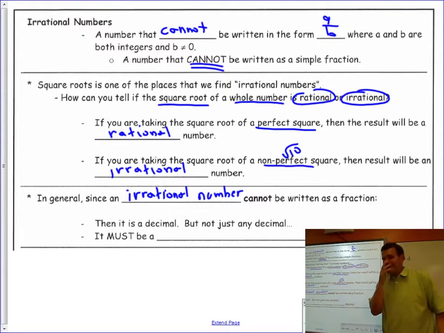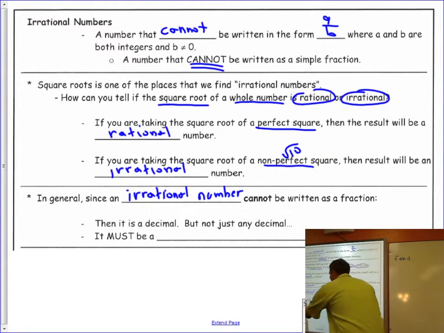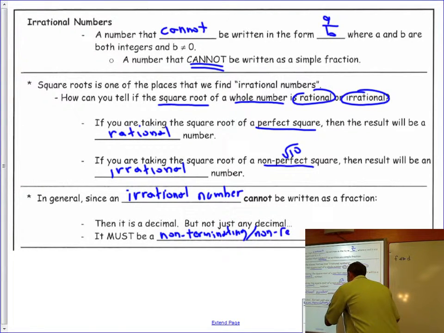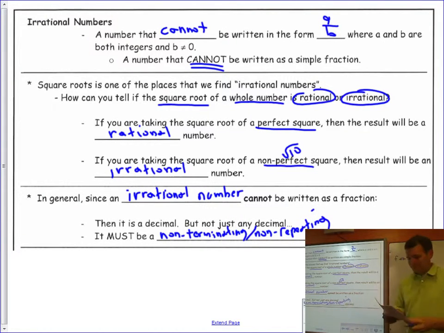But not just any decimal, right? Since it can't be written as a fraction, it's a certain type of decimal. It's a non-terminating, non-repeating decimal.